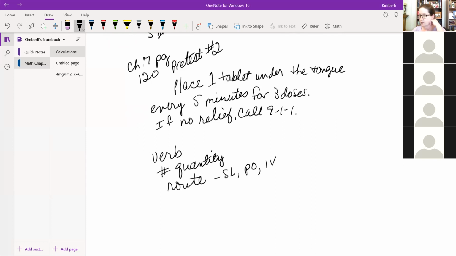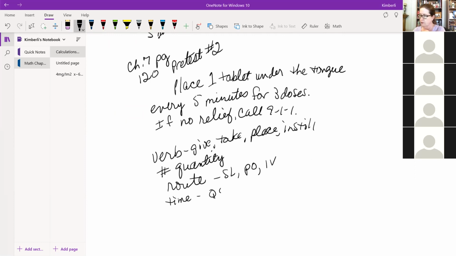The verb is always going to be give, or take, or place, or instill, or swish and spit. So we want the verb, we want the quantity, we want the route, and then we want the time factor.